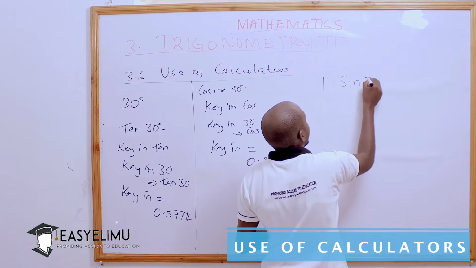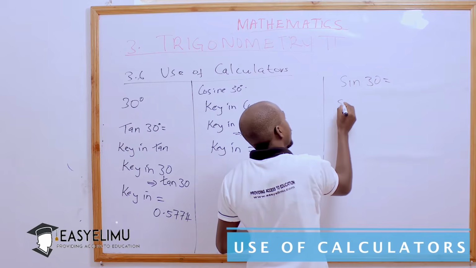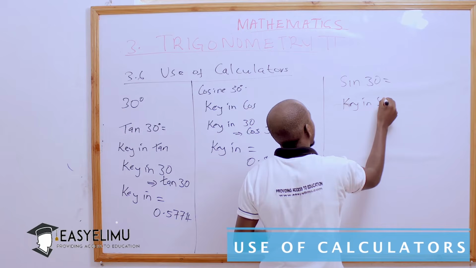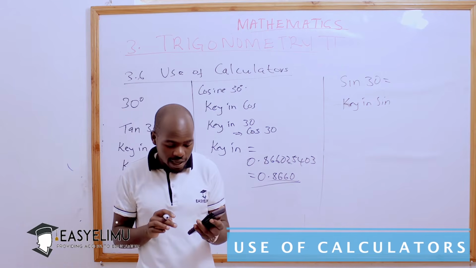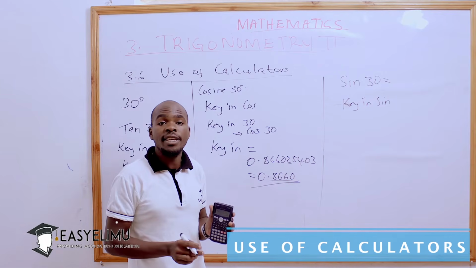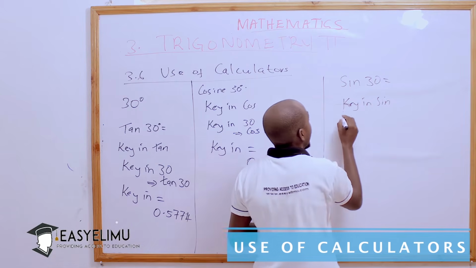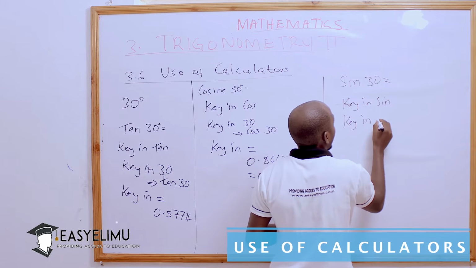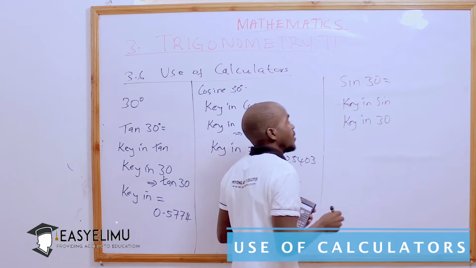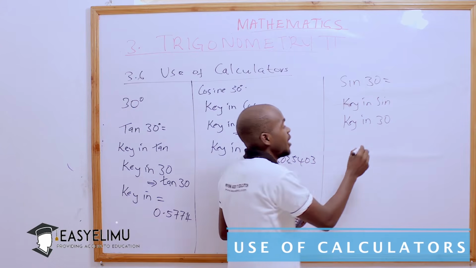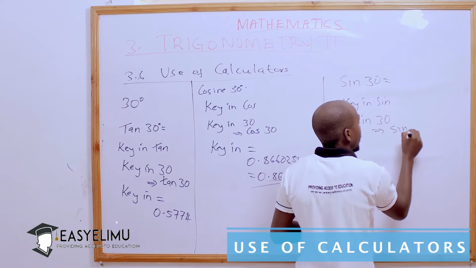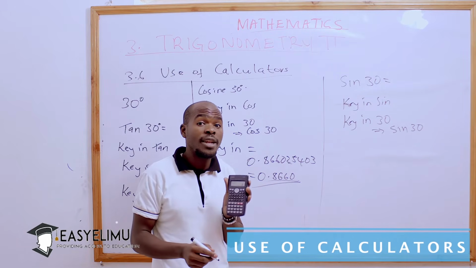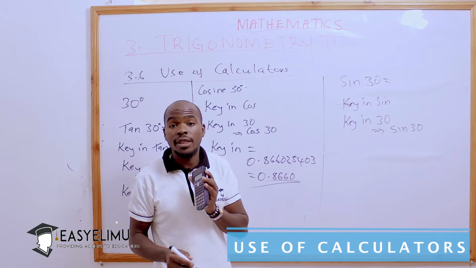Let's find the sine of 30. You key in the sine key, and the screen displays sin. Then you press 30, that is 3 and 0, and the screen will display sin 30. Automatically the calculator will know you want the sine of the angle 30 degrees.